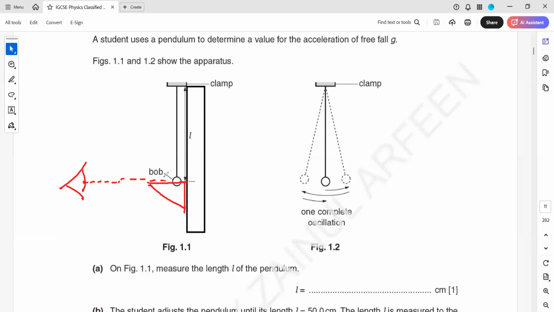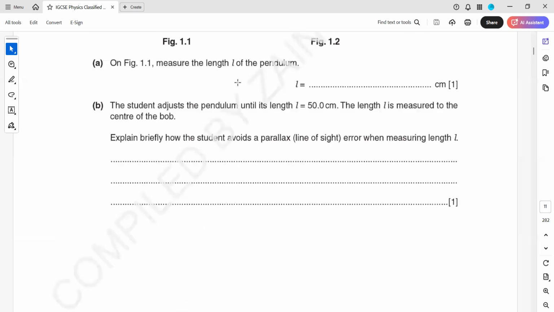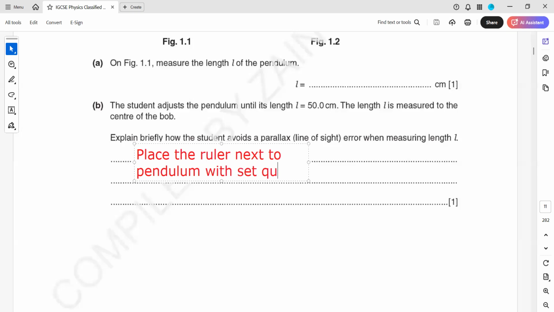Can you write that down? Yes, I'm writing it, but I'm explaining on the diagram. How does the student avoid a parallax error when measuring a length? First, the student should place the ruler next to the pendulum with a set square, and look perpendicular.